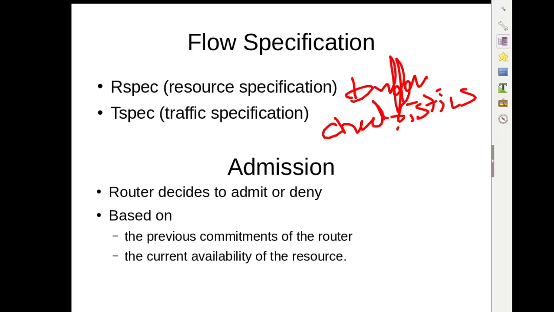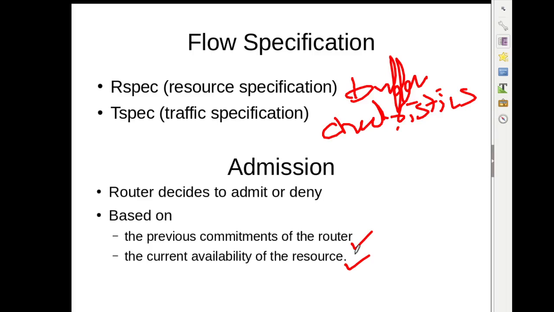So the router then decides whether it can admit this service or deny it. This decision will be based on two things. One is the previous commitments of the router, that the router has already committed to other paths, other flow services, and the other is the currently available resources with it.